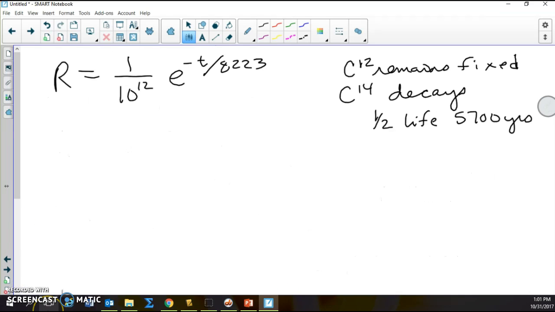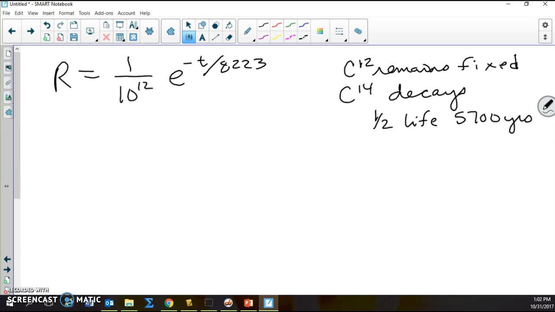So all of you that have taken chemistry can understand or relate to example 3 quite well. The information given above example 3 states that as something dies, the two different types of carbon, 12 and 14, 12 is remaining fixed in the matter, and 14 begins to decay. Carbon 14 has a half-life of 5,700 years.